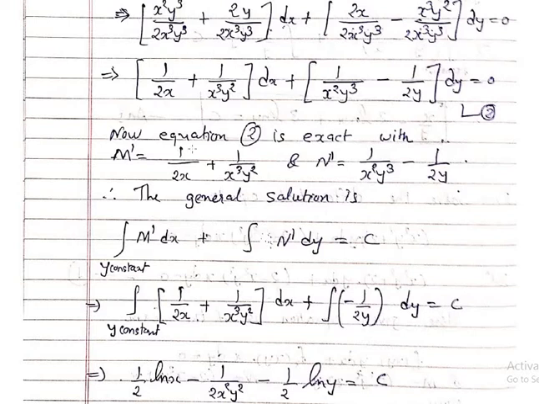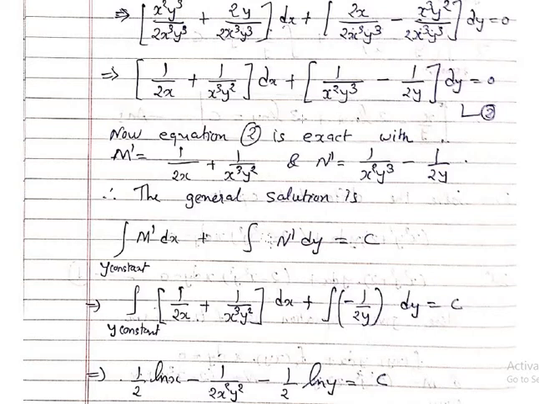Find the derivative of this term M with respect to y. The first term will be 0, and the derivative of 1 upon y square will be minus 2 upon y cube into 1 upon x cube, so that will be minus 2 upon x cube y cube. In the same manner here, the derivative of 1 upon x square with respect to x is minus 2 upon x cube.